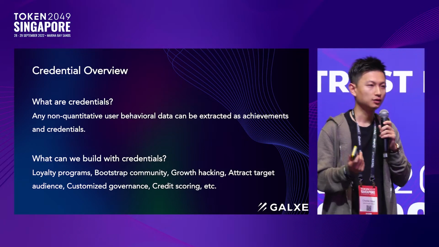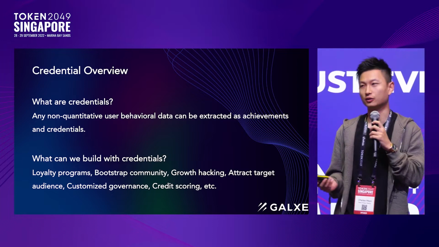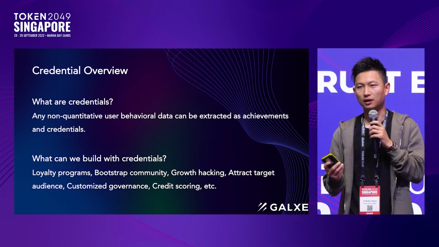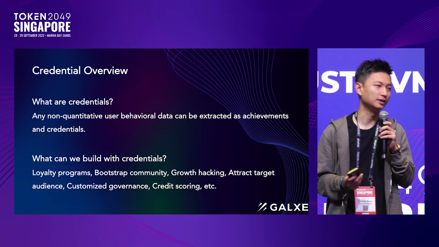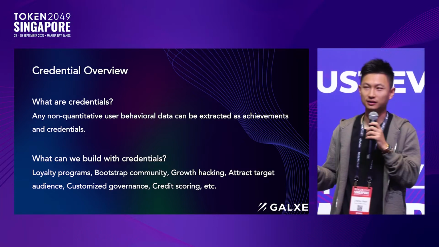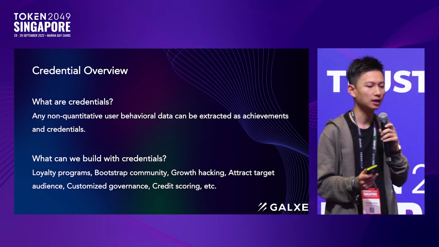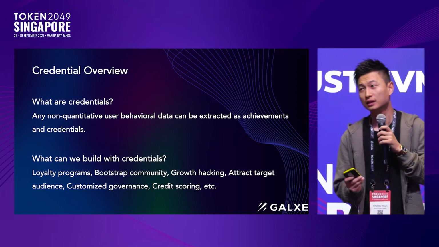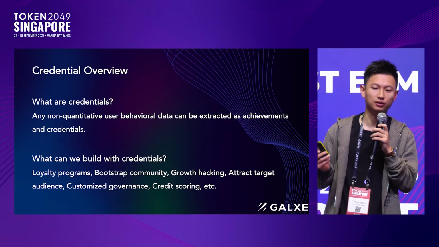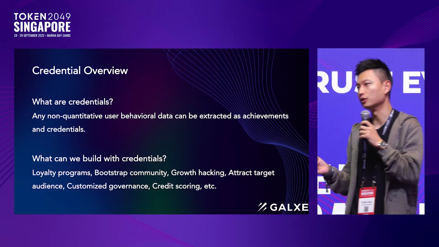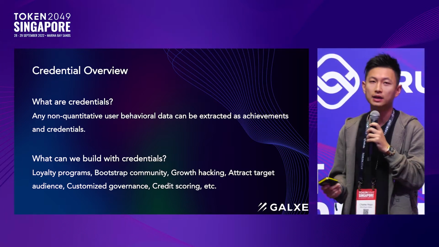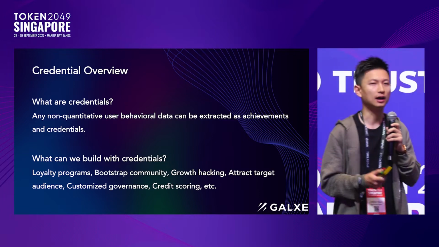So you may be asking, what are credentials? What kind of data can be used as a credential? In our opinion, all kinds of non-quantitative behavior data should be called credential data. That includes your real-world achievements and your on-chain achievements.